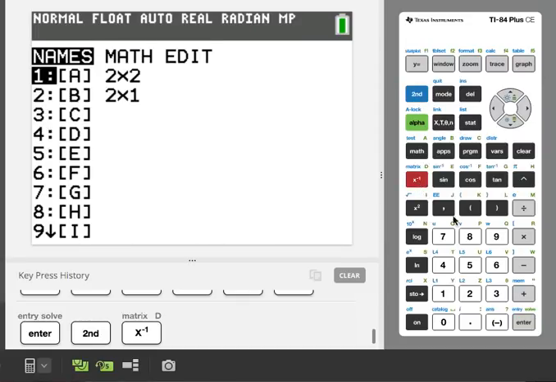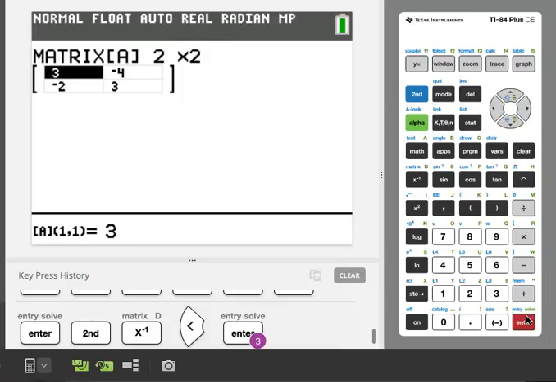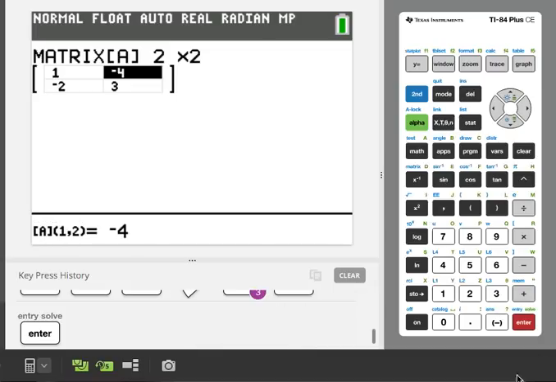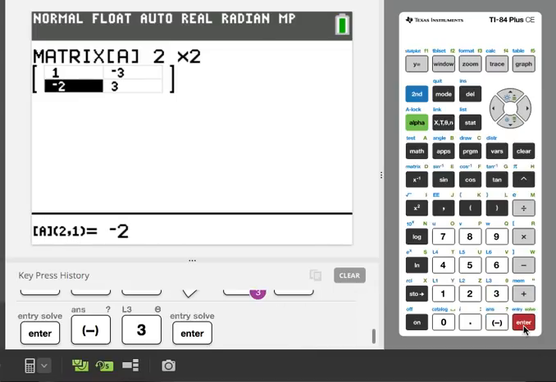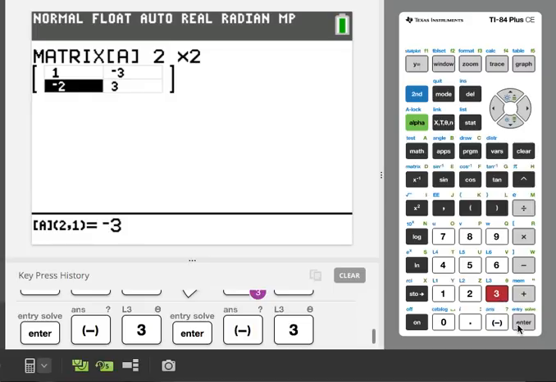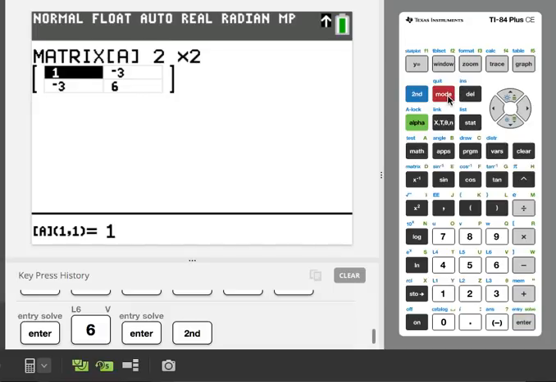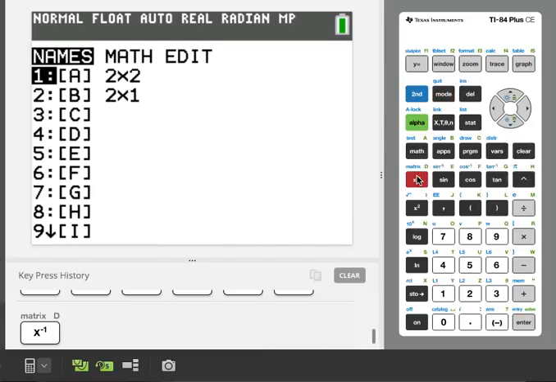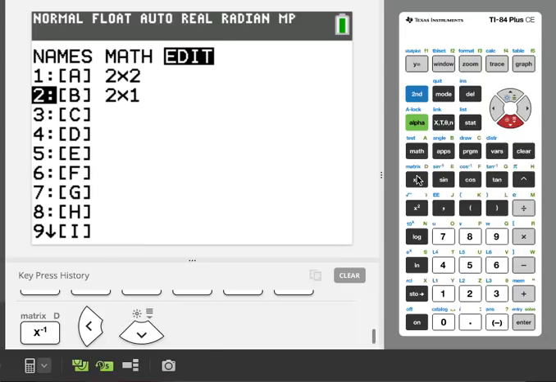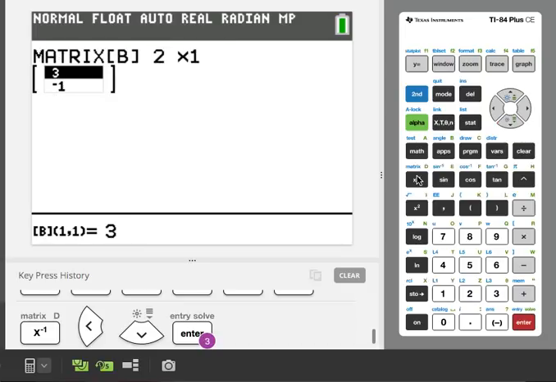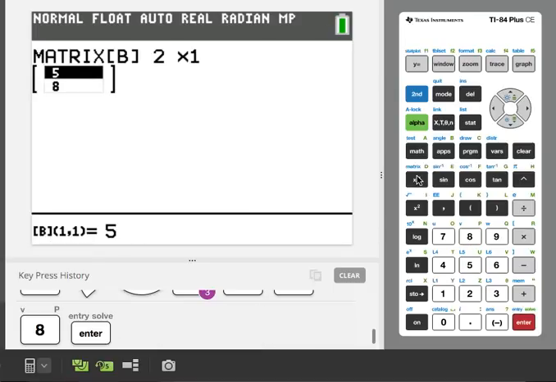So just go back to the matrix menu, go back to edit. You don't need to put in the dimensions again. A is still a 2 by 2, so it's going to be 1, negative 3, negative 3 again, and 6. Remember to quit, second quit, go back to matrix, back to edit, down to B, still a 2 by 1, we've got 5, 8.